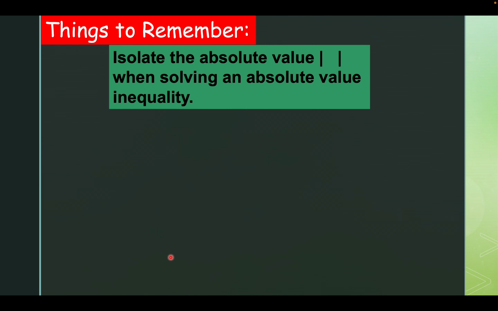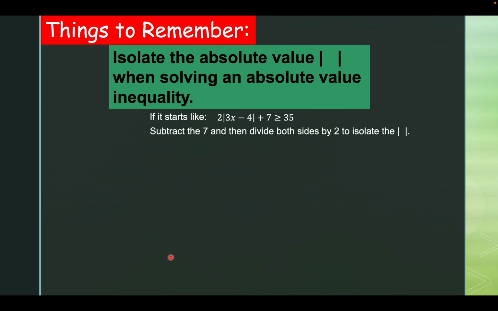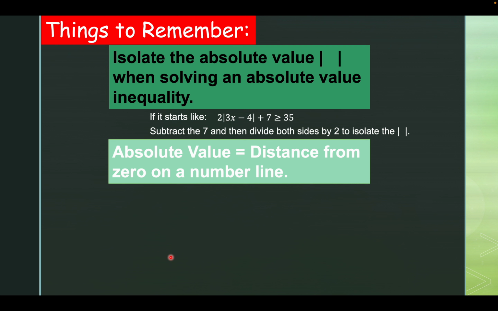Things to remember: isolate the absolute value when solving an absolute value inequality. If it starts out like this, we'd have to subtract the 7, then divide both sides by 2 to isolate the absolute value. Absolute value is distance from 0 on a number line. Anytime we have the absolute value isolated, we can set our inequality equal to the positive or negative solution on the right.